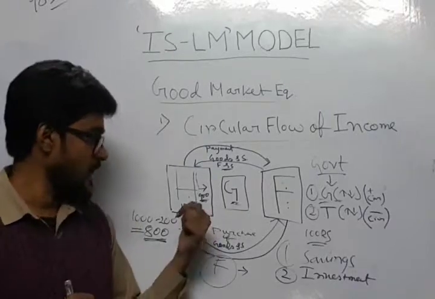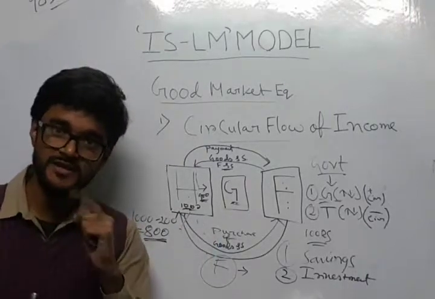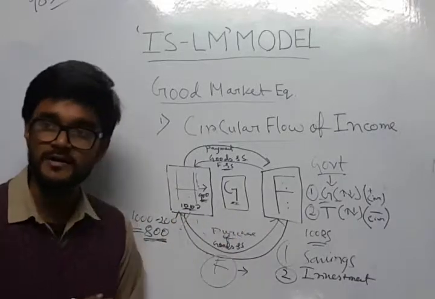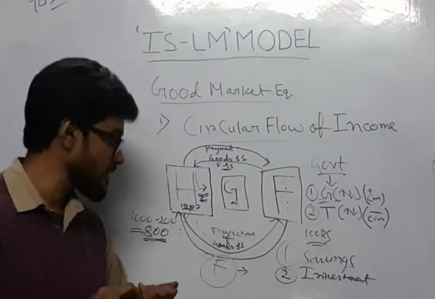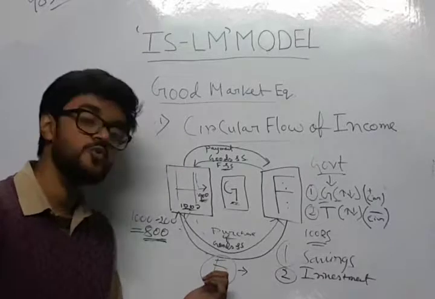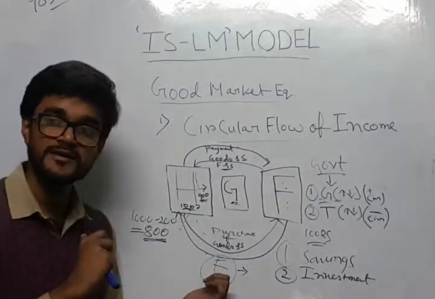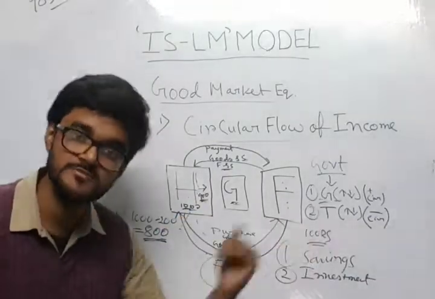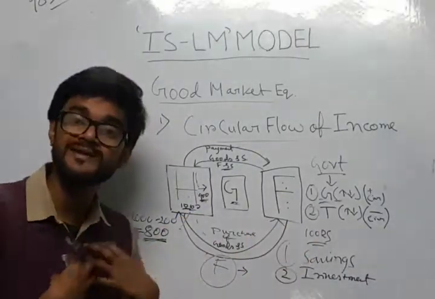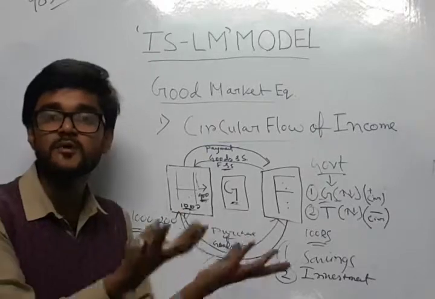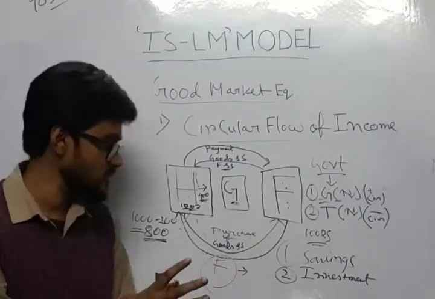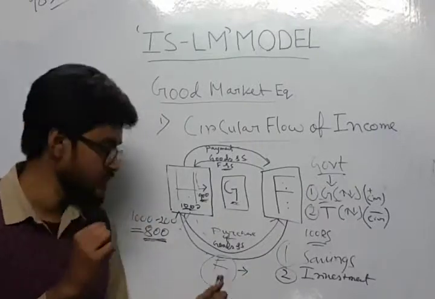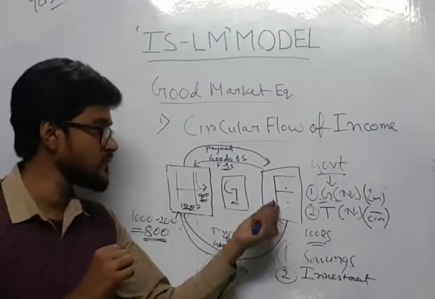Say the household, out of his 1000 rupee income, has saved 200 rupees in the financial market. Now, what is the role of that financial market? They will lend that 200 rupees to the firms, to the people who are willing to invest in the production process. So the 200 rupees has gone to the firm.